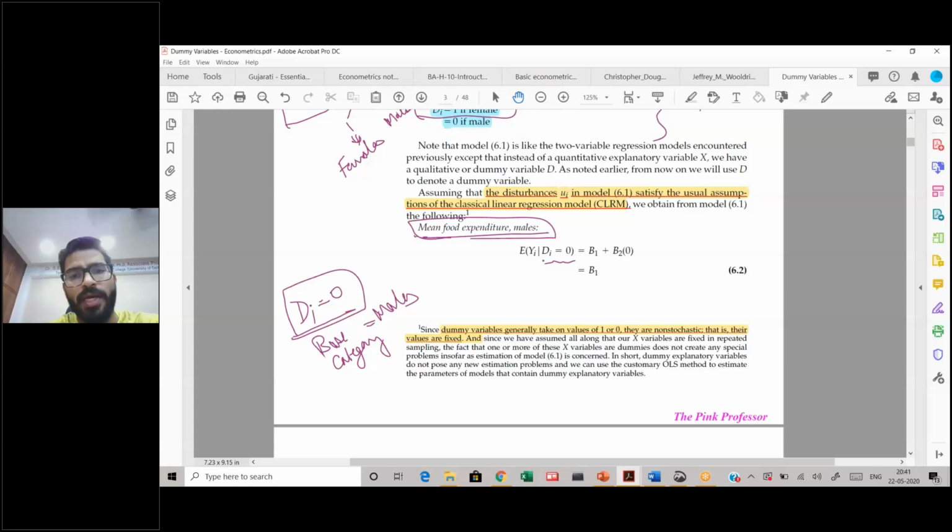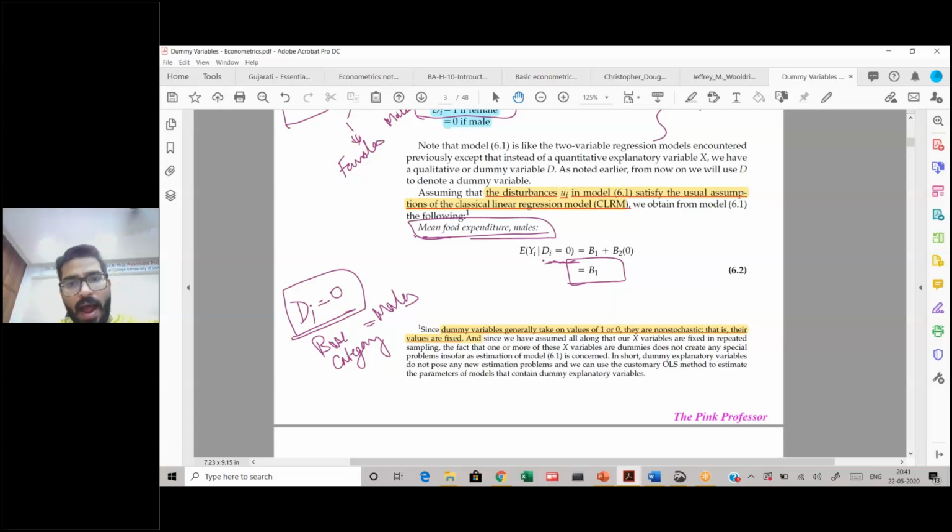Now if you put 0 here, you will get the expectation. Again, the non-stochastic version of regression, what will you have? That you put 0 here, you will get this is equal to beta 1. So beta 1 is going to be the average food expenditure for males.